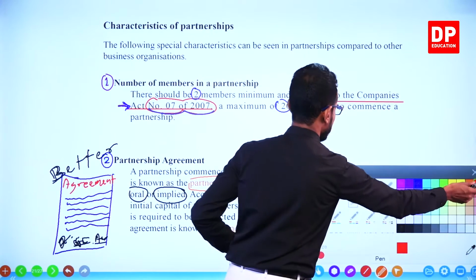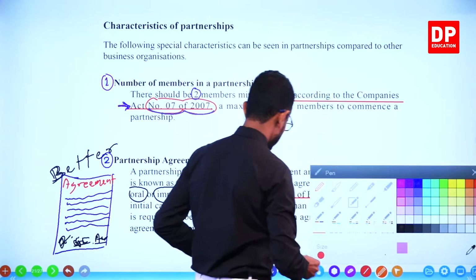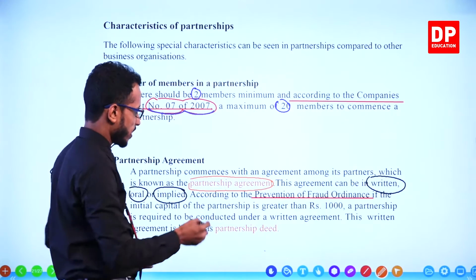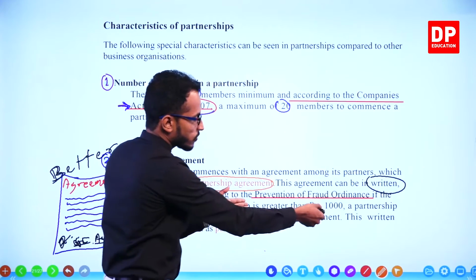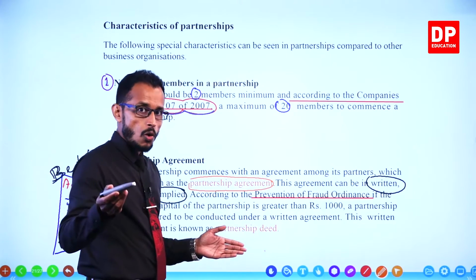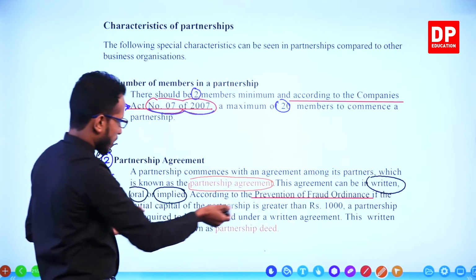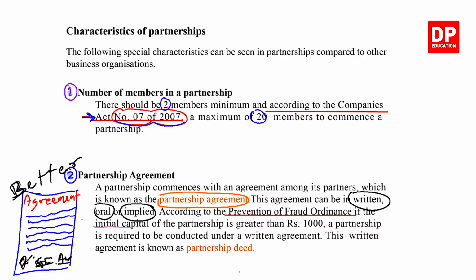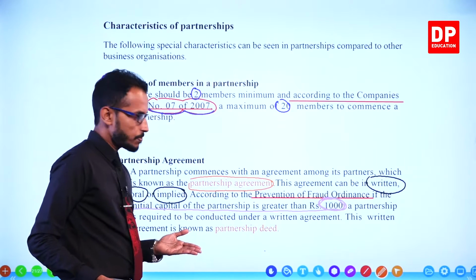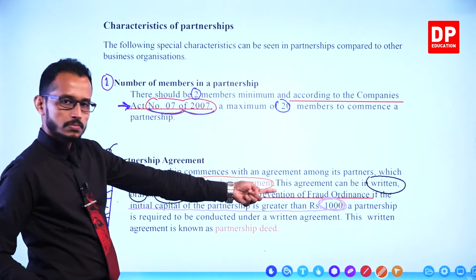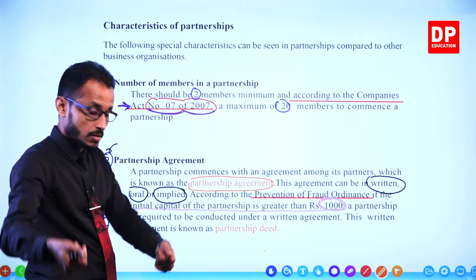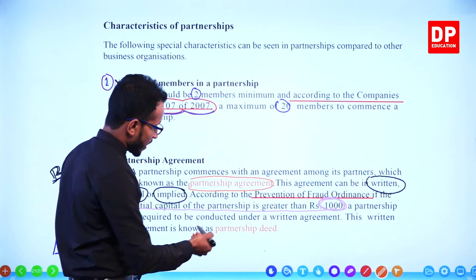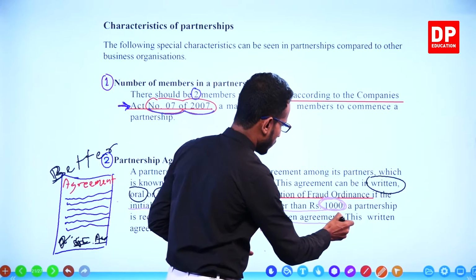You know what it means clearly, right? The Prevention of Fraud Ordinance says, if the initial capital is more than 1,000 rupees, it must have a written agreement.